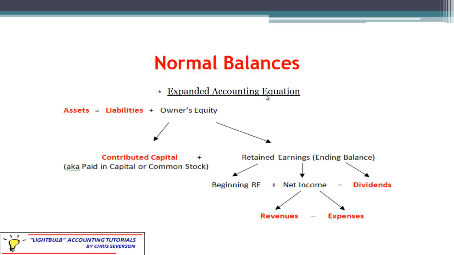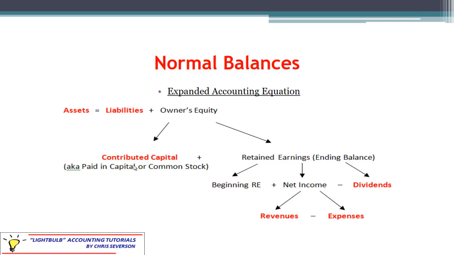So we can break this down a little further. Of course, we could have several types of assets. We could have several types of liabilities that we owe. But owner's equity can be broken down into different classifications. We first start off with two main classifications of owner's equity. The first one is contributed capital, which just means owners have invested money into the company.